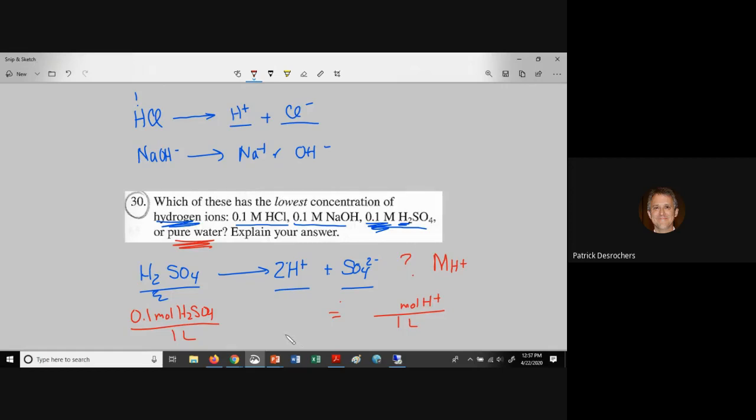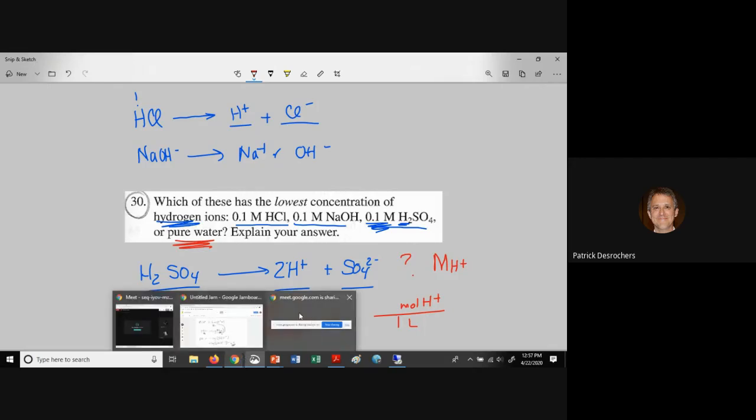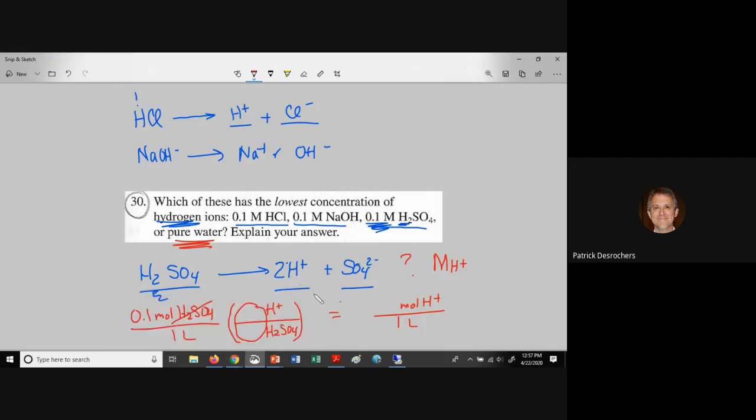What do y'all think? You with me? Yeah. So I have to do some stoichiometry. I want that to go away, so that's going to have to go on the bottom. I want that to come in, so that's going to have to go on top. But I have to put some numbers in here. What numbers go where? Y'all have to give me some numbers.